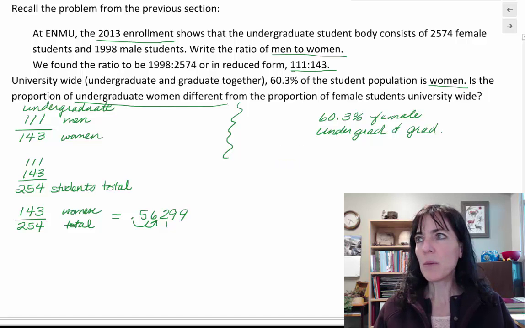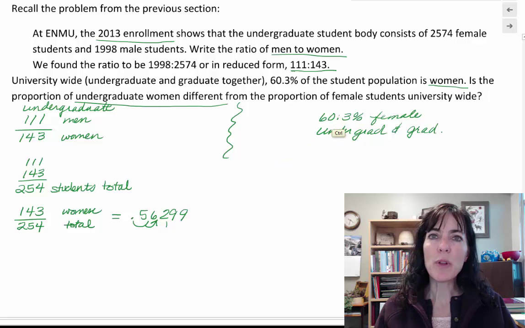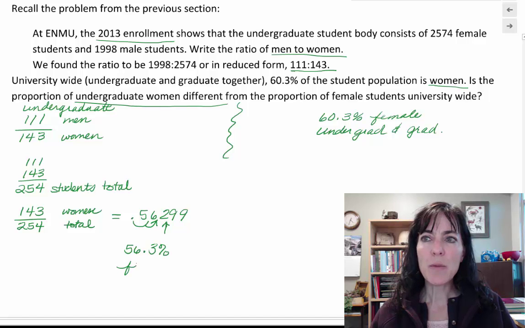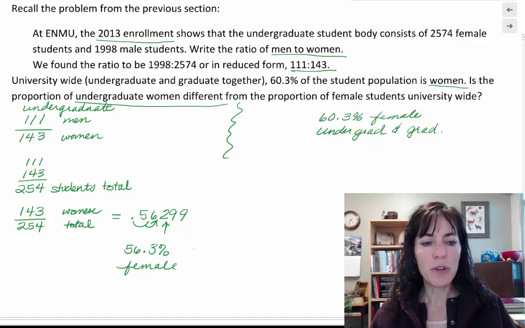My number that I'm comparing to here, the 60.3, only has tenths that it's rounded to, so I'm going to round this one also to the nearest tenth, and so what it'll end up being is 56.3%, and that's female of undergraduate.